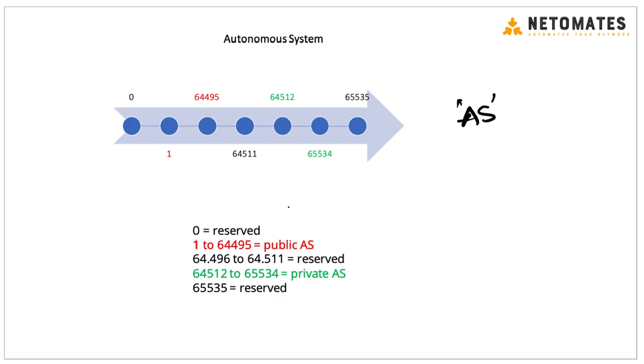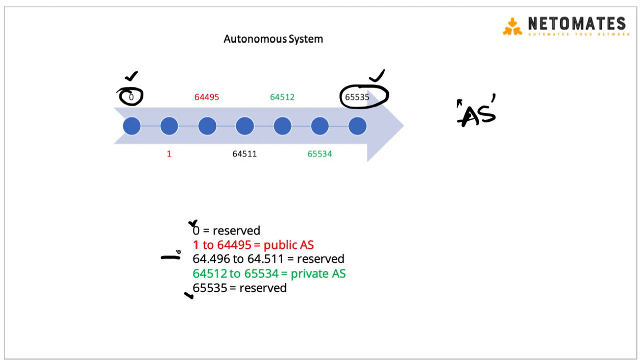The autonomous system numbers range from 0 to 65535. The first one and the last one are reserved: 0 and 65535. No one should use these AS numbers in a BGP configuration.